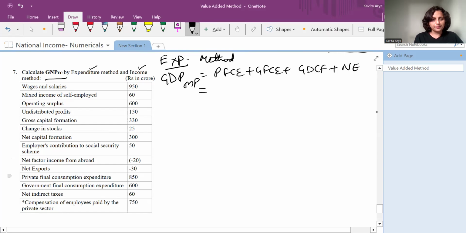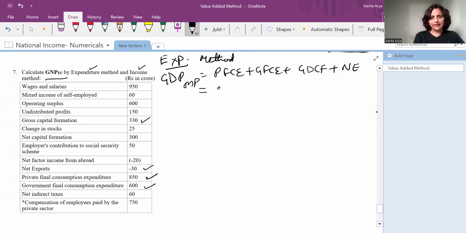So this is private, this is government. Gross domestic capital formation, gross domestic capital or gross capital means the same to us. And net exports also is given. It's a straight question.